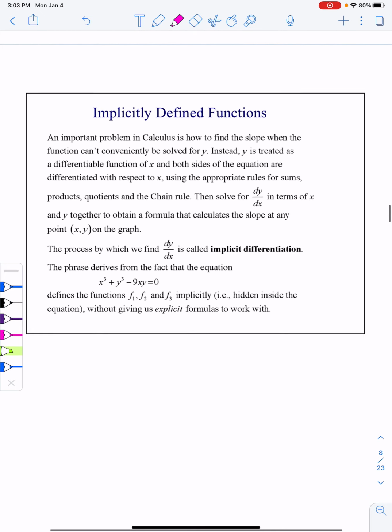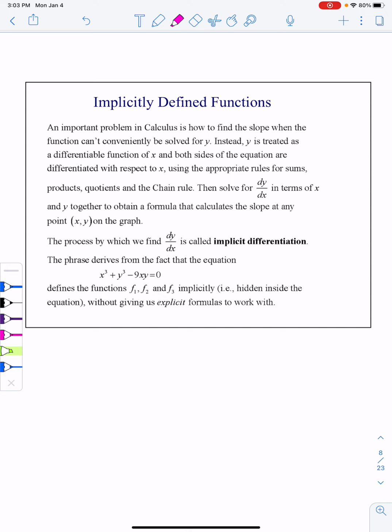And so an important part in calculus is how to find a slope when the function is not conveniently easy to solve for y. So instead, you just treat y as a variable that you can take the derivative of as a function of x. And when you do that, you would have to take the derivative with respect to x, and therefore you're going to apply what's called the chain rule.